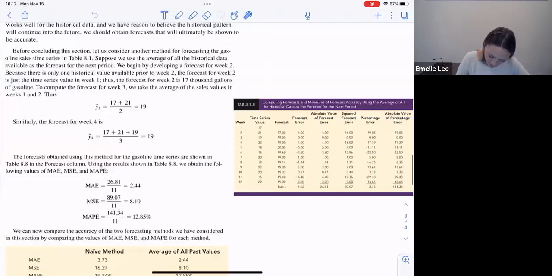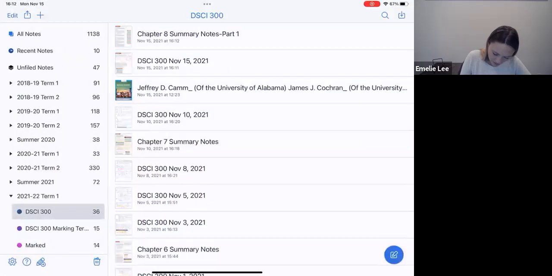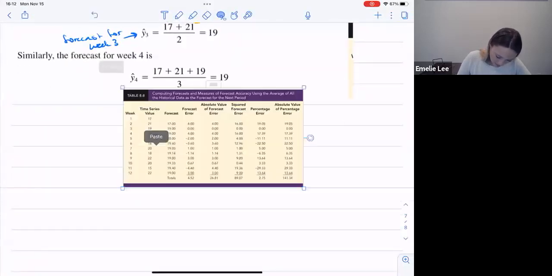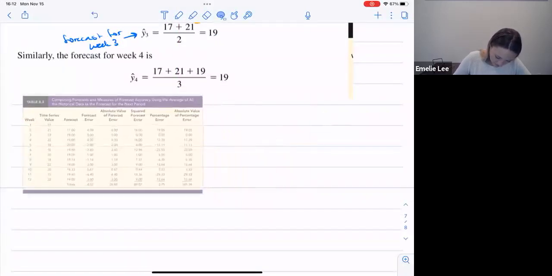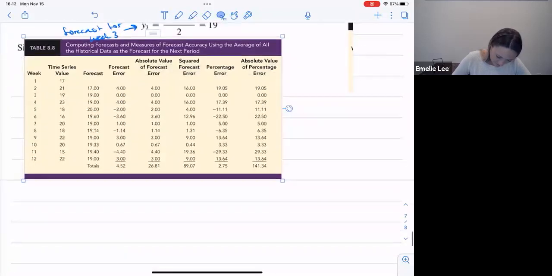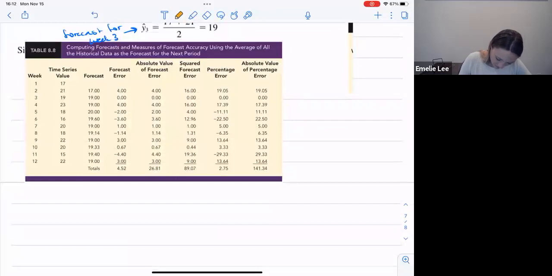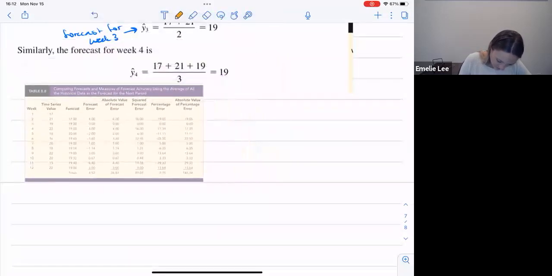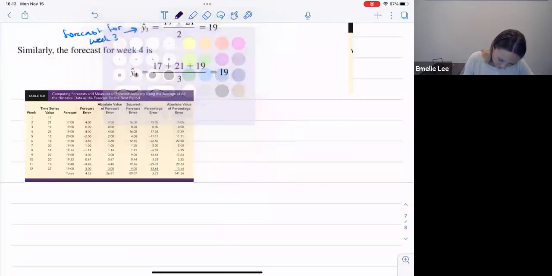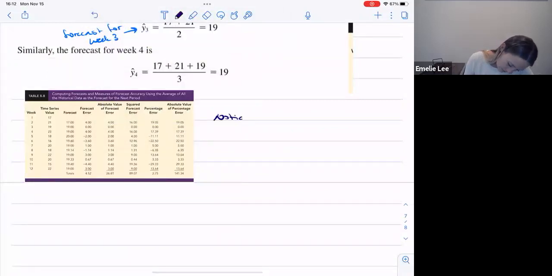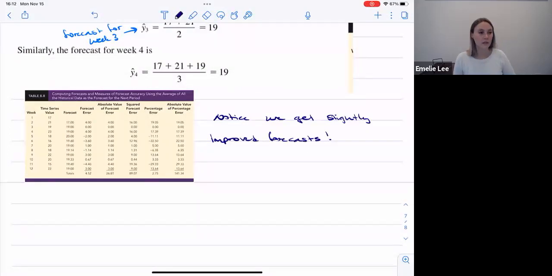Notice we get slightly improved forecasts by using that running average.